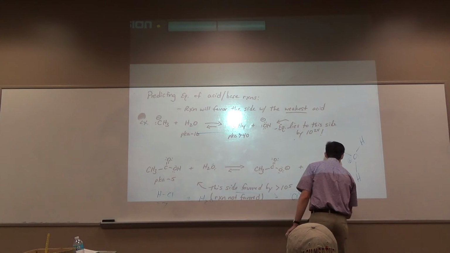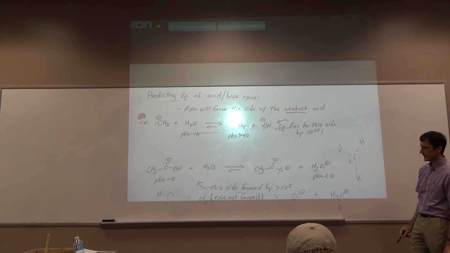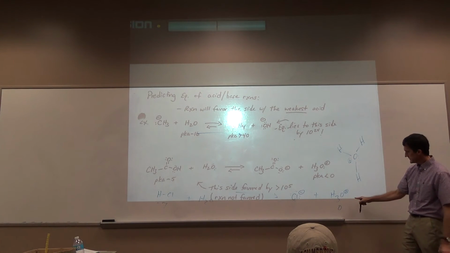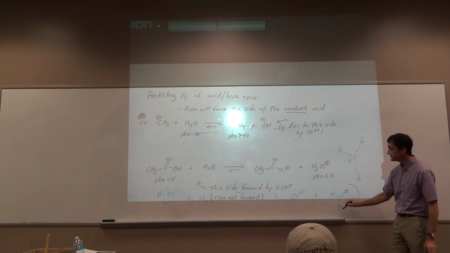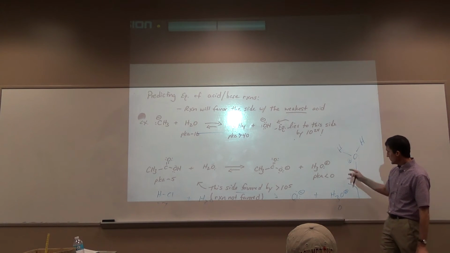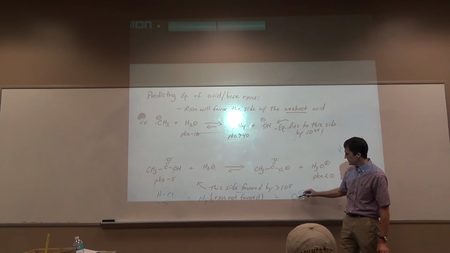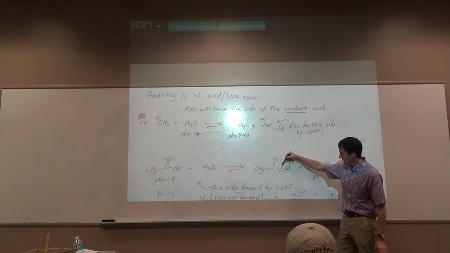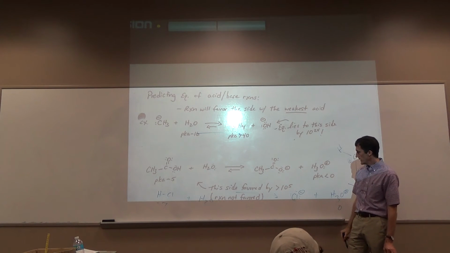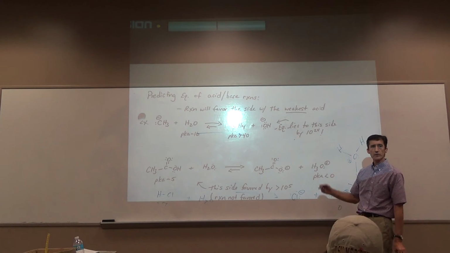If we say this is 0 or so, I mean, these numbers are not strictly correct. But if that's -7 and this is 0, then this side's favored, right? Then you have to say, well, why? The reason why is because Cl minus is so much more stable than this. And then you have to say, well, why? At some point, you got it. It's a relative comparison.